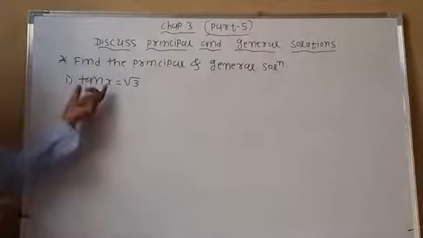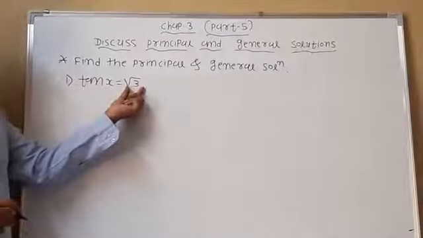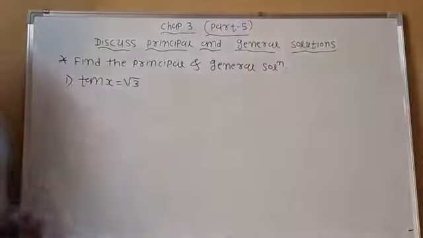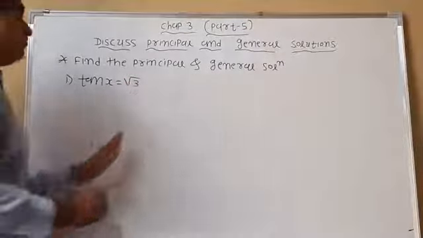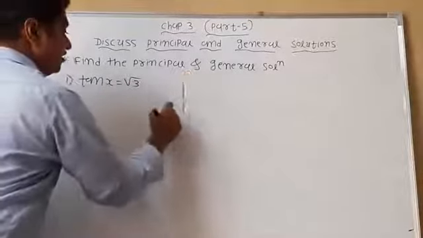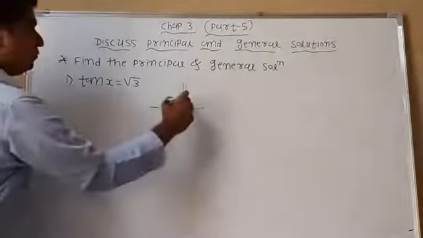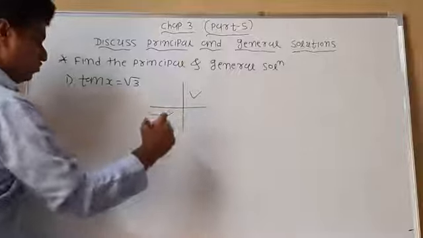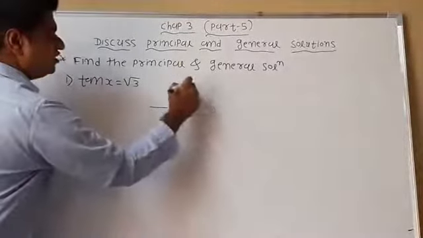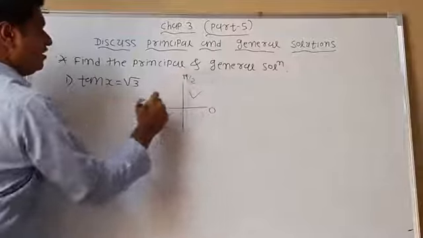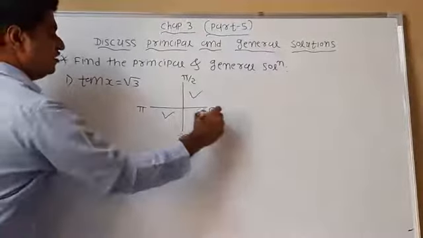First of all, decide: here tan x is equal to under root 3, so we get a positive value. First decide in which quadrants the value of tan is positive. In the first and third quadrant the value of tan is positive, so here we write 0, pi by 2, pi, 3 pi by 2 and 2 pi.